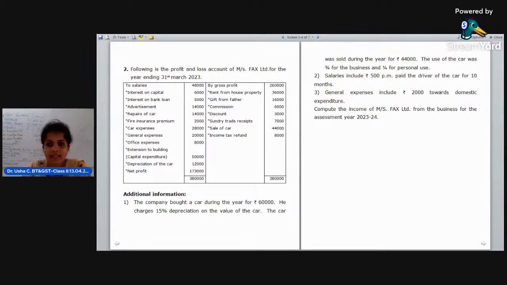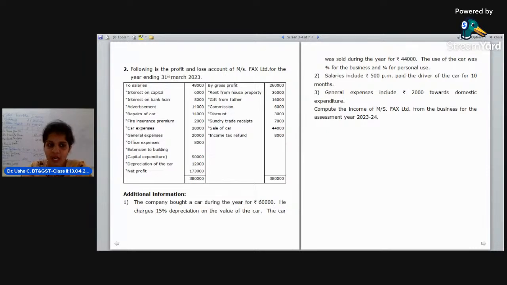Okay, but whether the car is in the name of the business or not, that we take into consideration for calculating the depreciation, but not for allowing the depreciation. Whether you take the car on rent or not, capital expenditure is allowed, I mean, for the purpose of accounting, any car expenditure, not for the income tax.